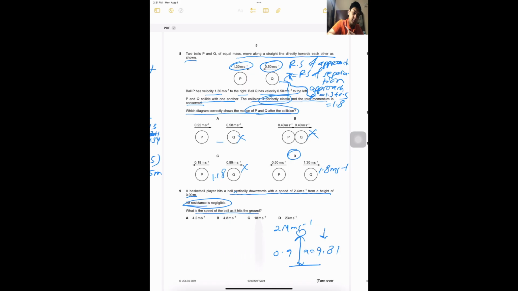So we will use this formula: v squared would be 2.4 squared plus 2 into 9.81 into 0.9, or just use the calculator to find the value of this. The result is 4.8 meters per second, which is the speed of the ball as it hits the ground.